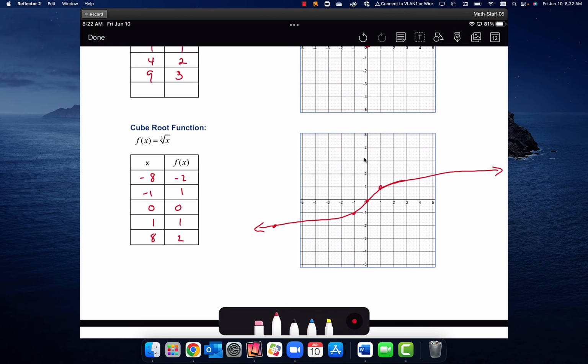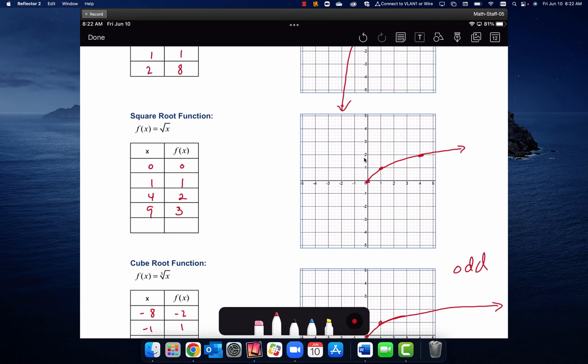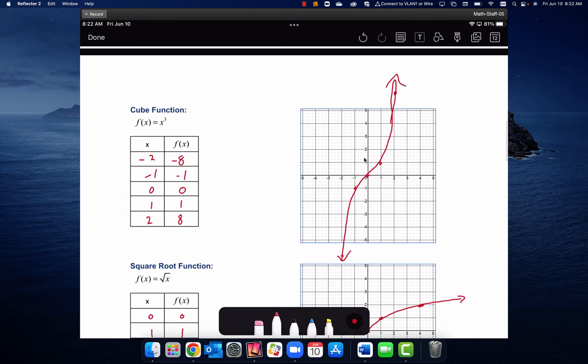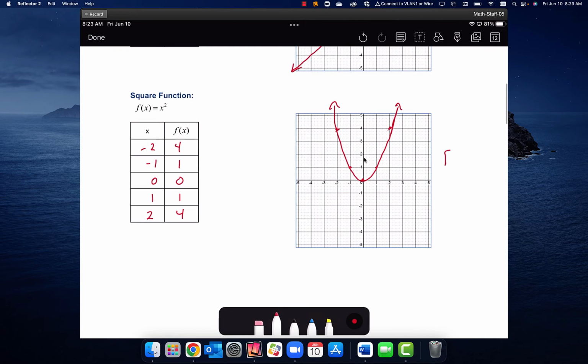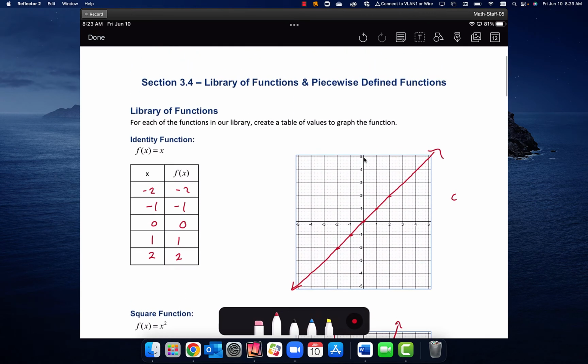Here, odd, symmetric about the origin. This one is neither. It's neither even nor odd. This one, odd, symmetric about the origin. Here we have an even function, symmetric about the y-axis. And this one is odd, symmetric about the origin.